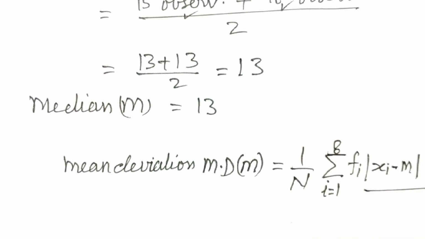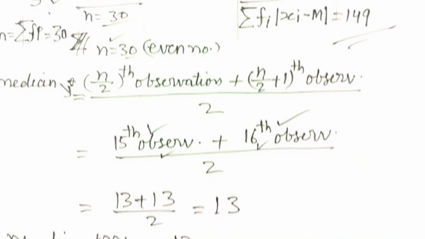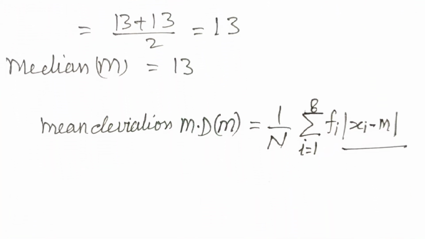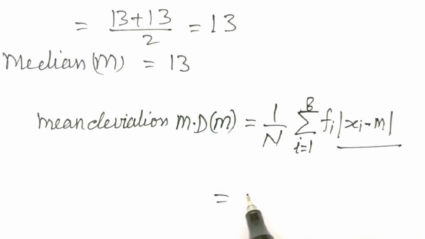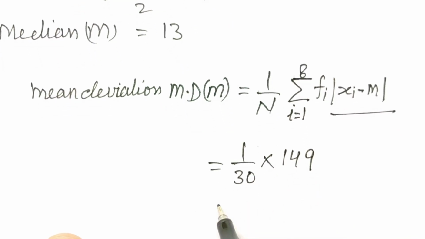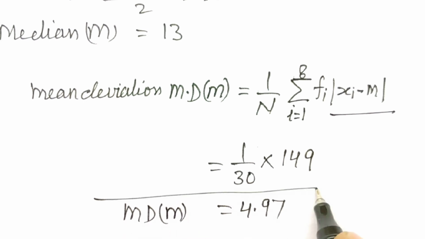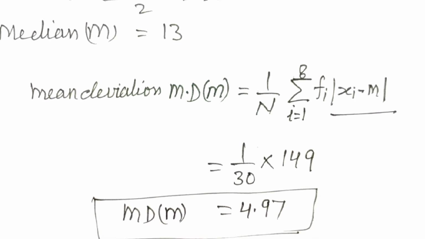As this summation is equal to 149 and n is 30, it is 1 over 30 into 149. So this will be 4.97. So the mean deviation about the median is this. Okay friends, thank you.